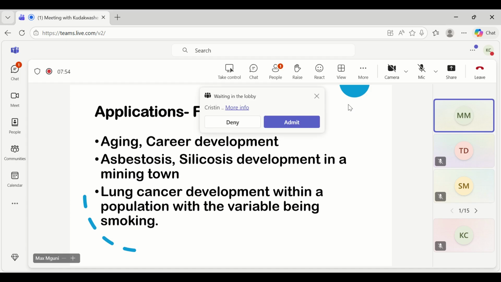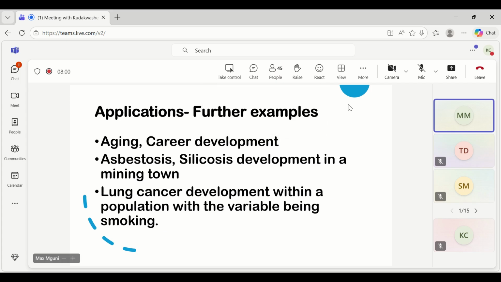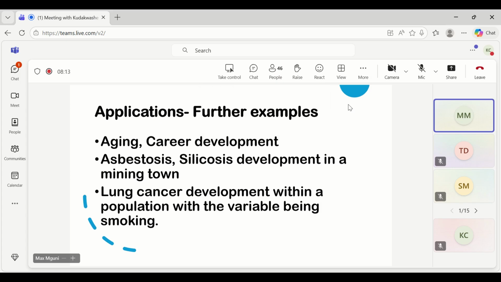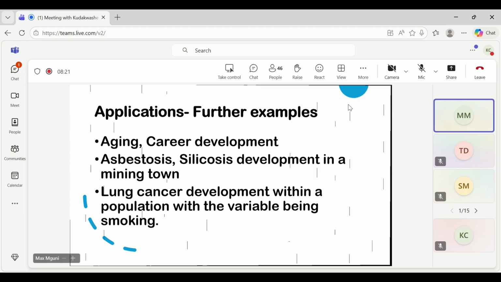Diseases like silicosis, in a mining town, for example, you may find that there are people doing these longitudinal studies right now in towns like Rishavane or Mashawa at this present moment. Although those mines might have been closed by now, you may find that these studies are being done now. Lung cancer development is also another key data point that usually is focused on in longitudinal studies.